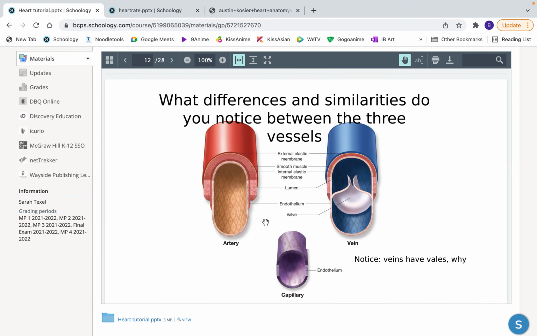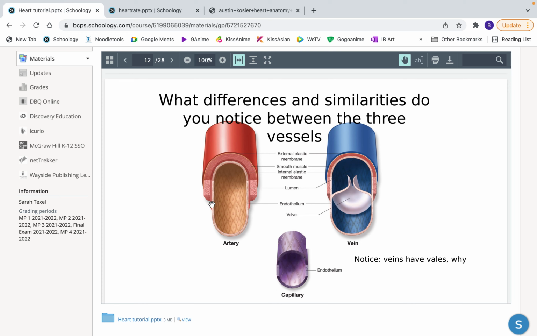So, I have here 3 diagrams, one of an artery, one of a vein, and one of a capillary. So let's start with the artery. Arteries are always going to be taking blood away from the heart. Arteries are going to have a significant amount of smooth muscle here that we can see.